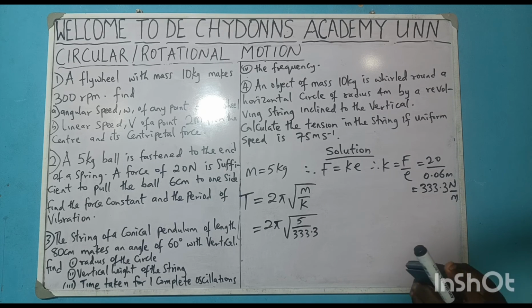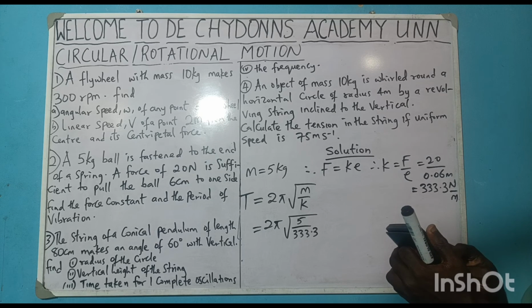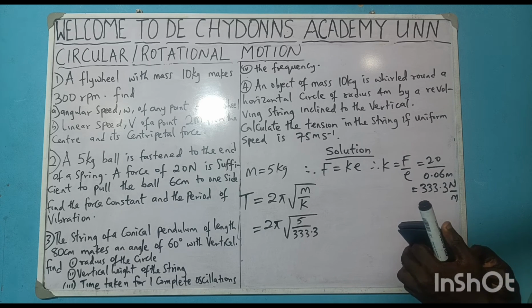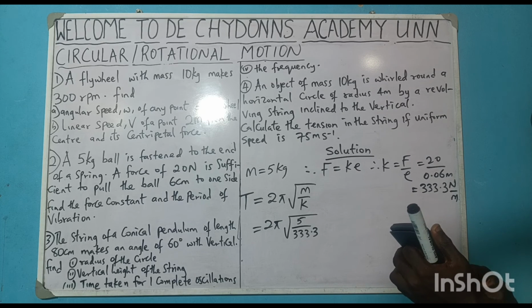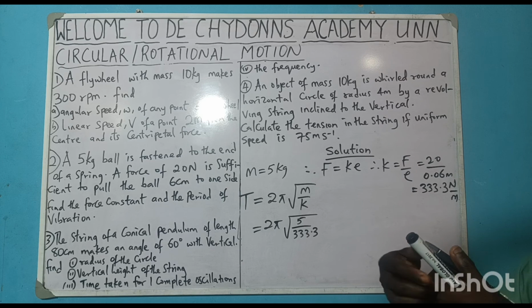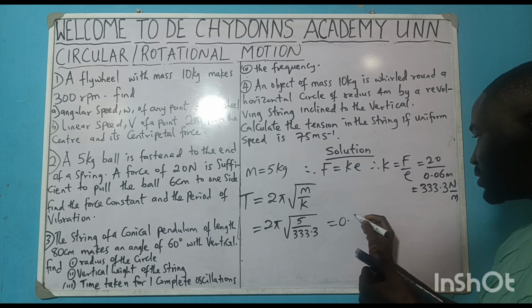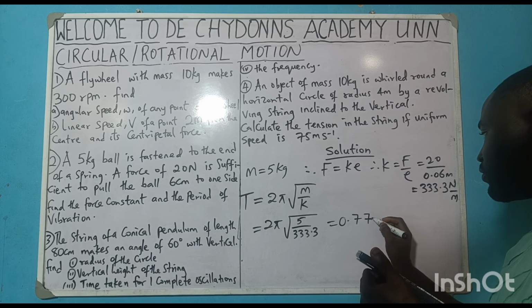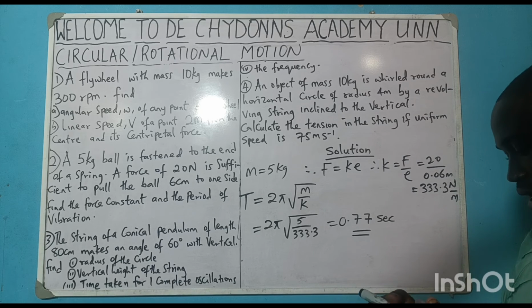Okay, so we say 2 shift pi times root bracket 5 divided by 333.3. That will be giving us what? 0.77 seconds.